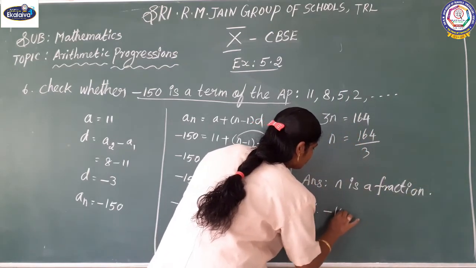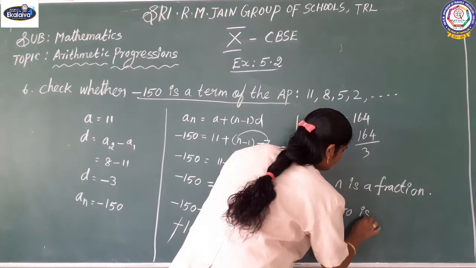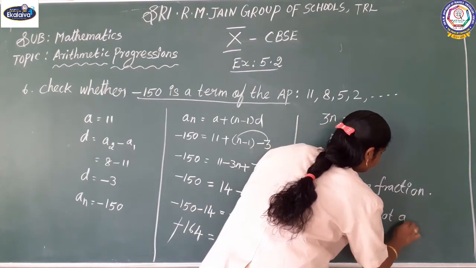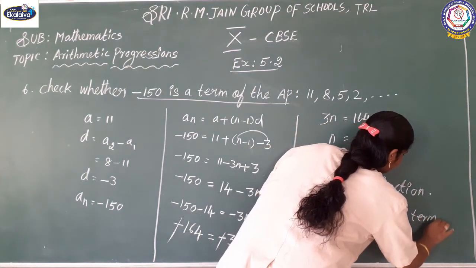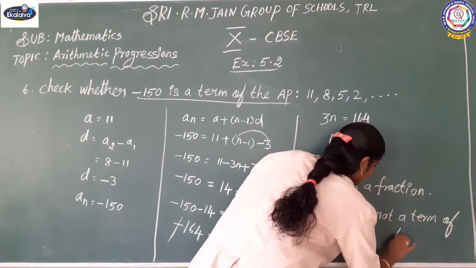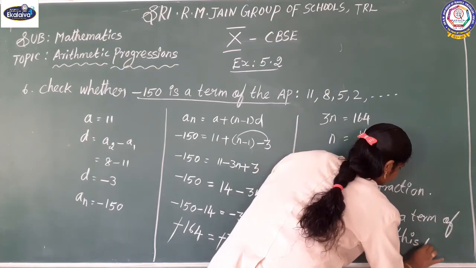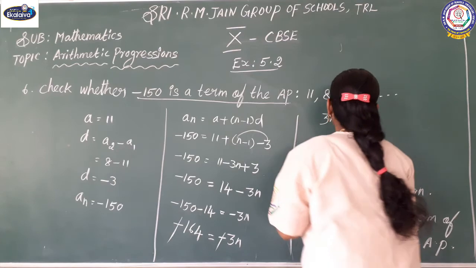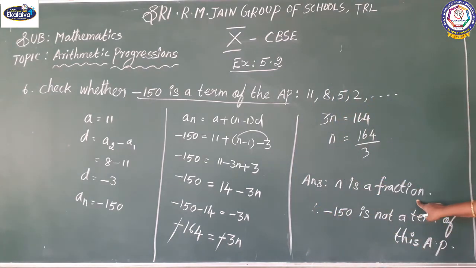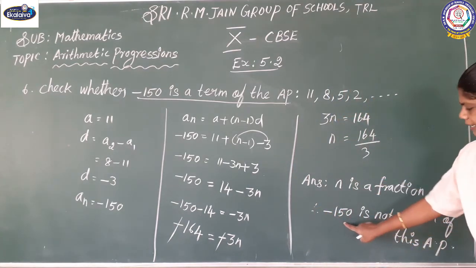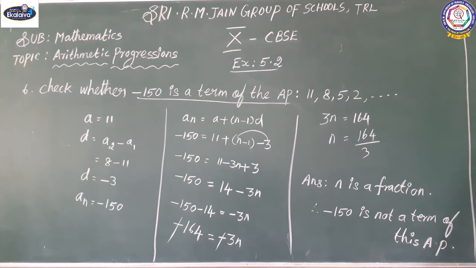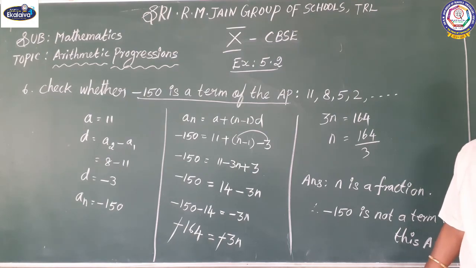Therefore, minus 150 is not a term of this AP. You understand, children? n is a fraction, so we are saying minus 150 is not a term of this AP. Thank you, children.